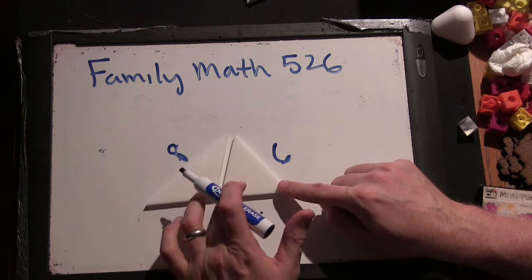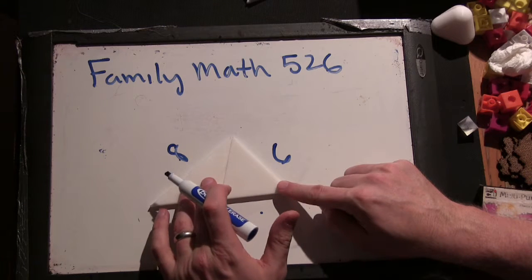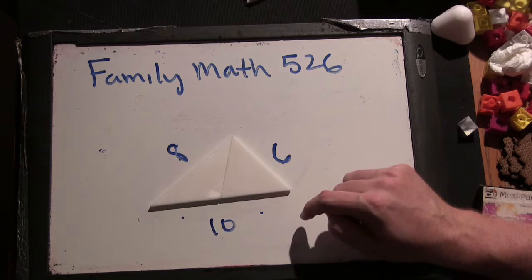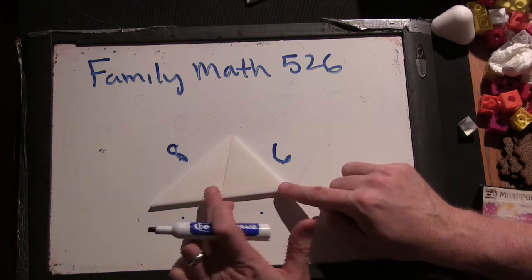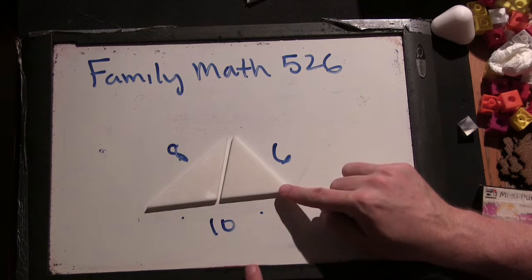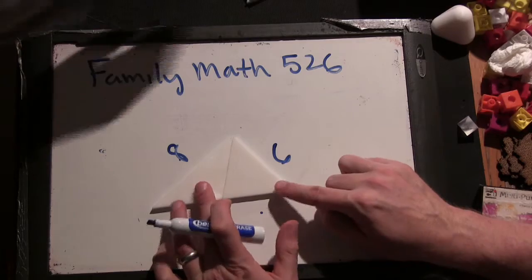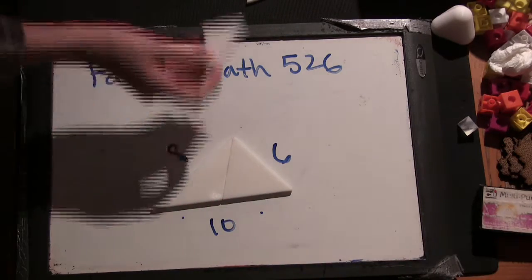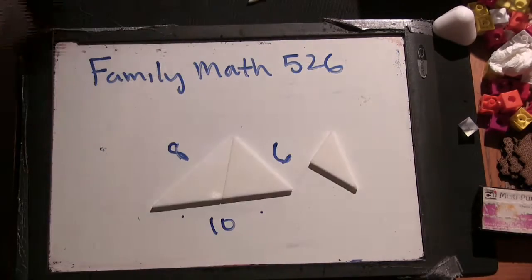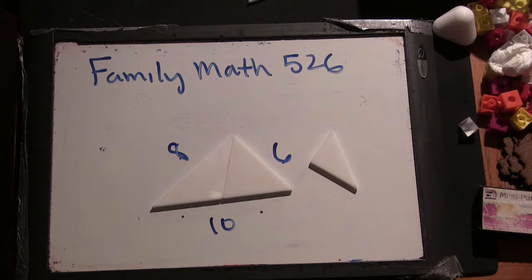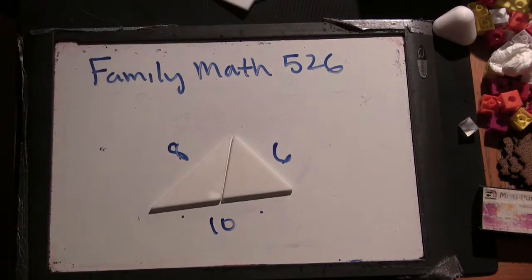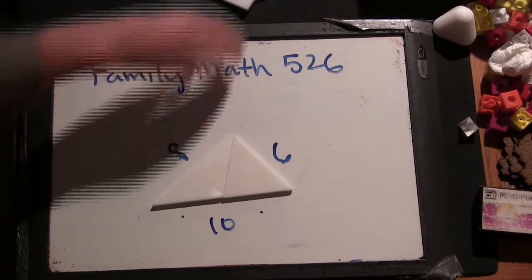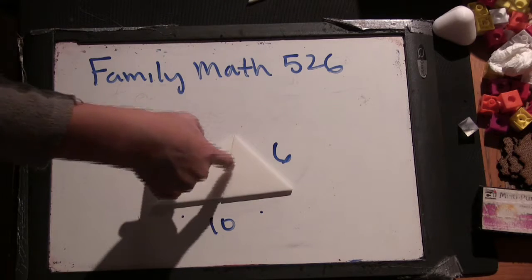And I know these two sides are both also 5. So how does this all by itself prove that these two triangle bits have the same area? Well, a 6, 8, 10 right triangle has sides twice those of a 3, 4, 5 right triangle. So that means the area should be 4 times as much, and we saw that each of these had 2. So there are 4 of these in here.